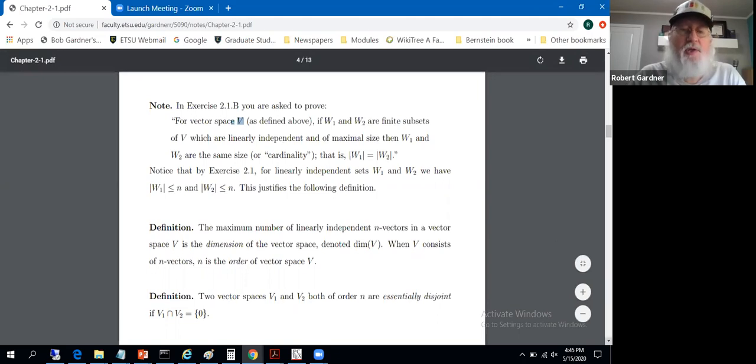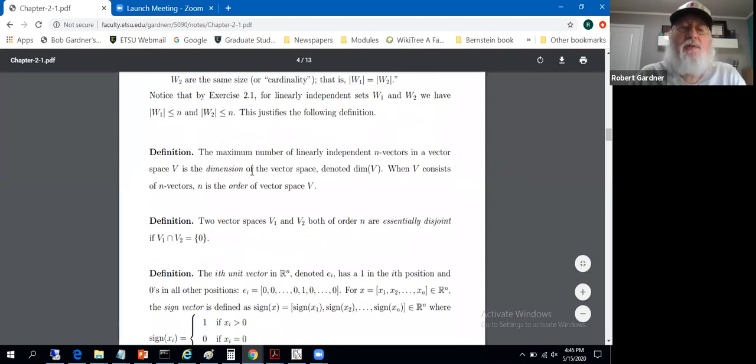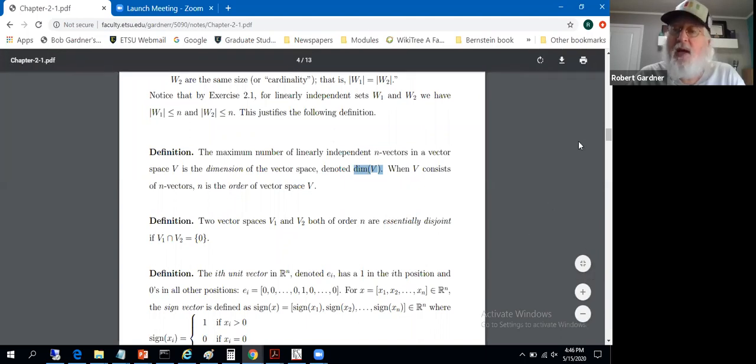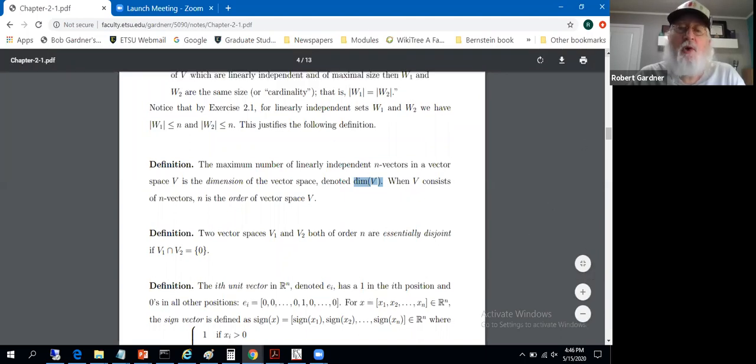Next definition: the maximum number of linearly independent n-vectors in a vector space V is called the dimension of that vector space, the dimension of V. How do you know different maximal size linearly independent sets are even the same size? Well, by that comment that we just made. Dig through your sophomore linear algebra book.